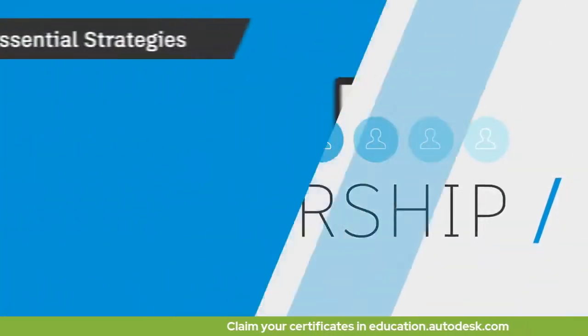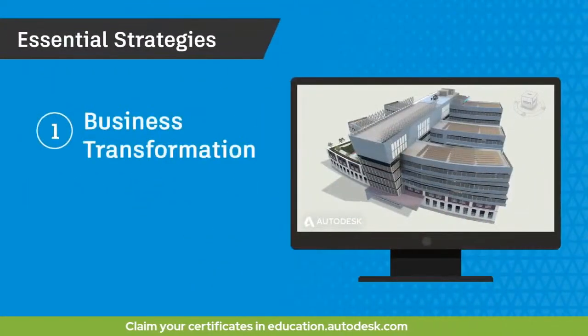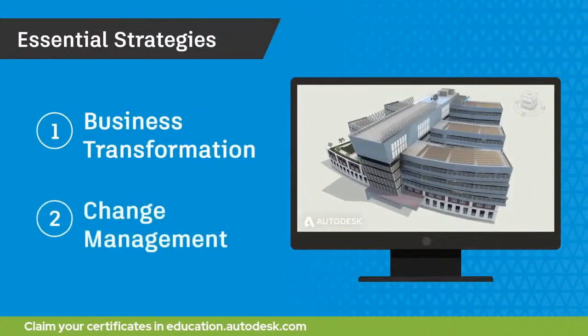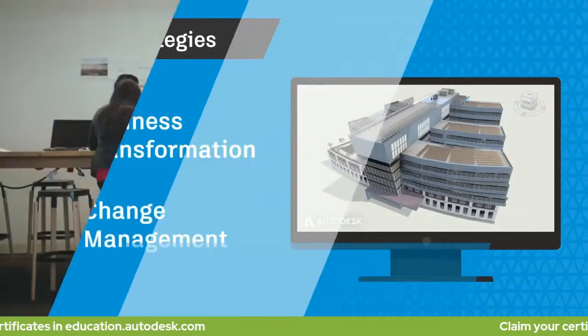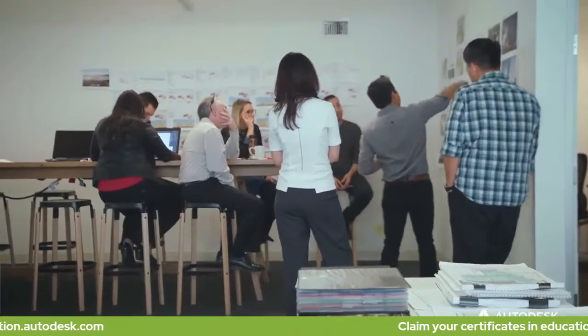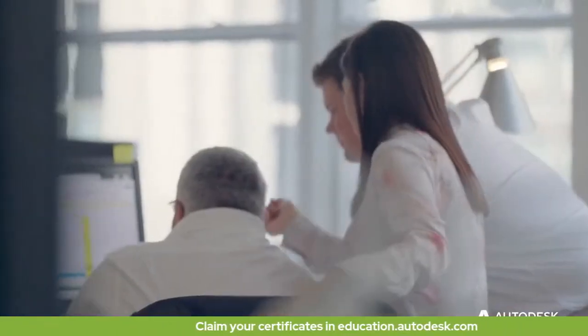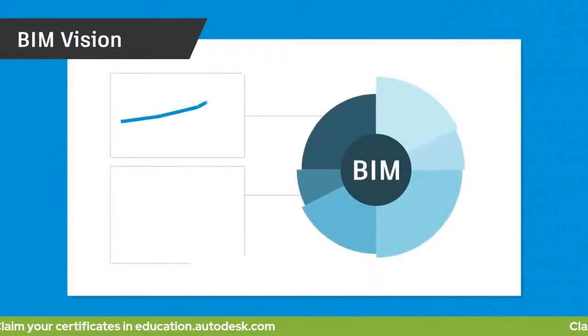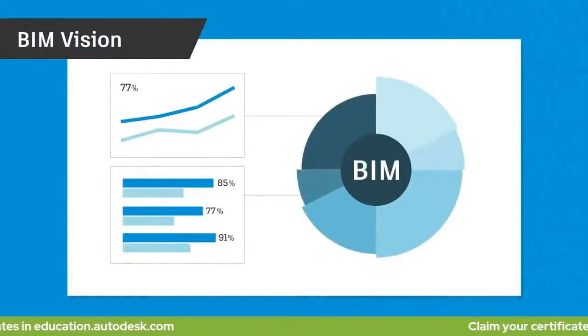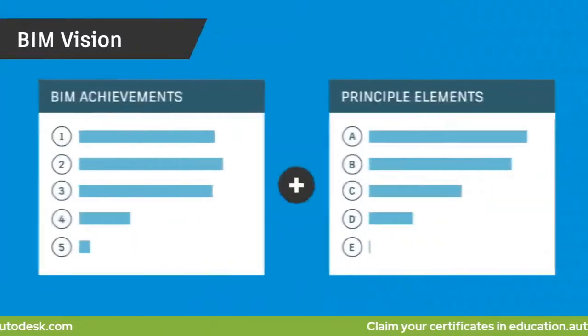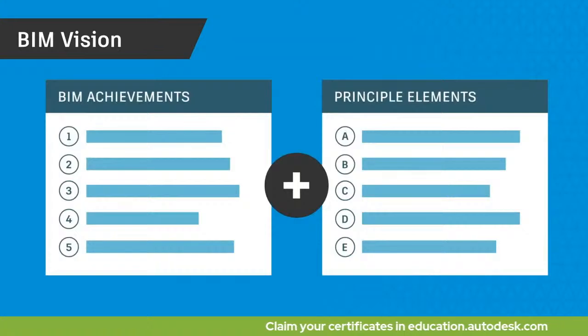Let's take a look at two strategies that are essential to the success of a BIM pilot project. A succinct and well-articulated BIM vision from executive leadership is essential for a successful BIM implementation. The vision must outline what the BIM process adoption will achieve for the organization and what the principal elements of the transformation are.